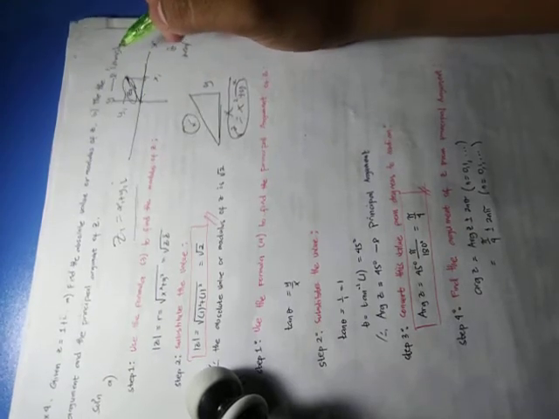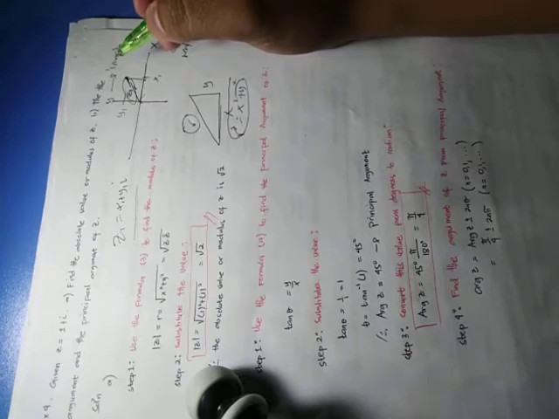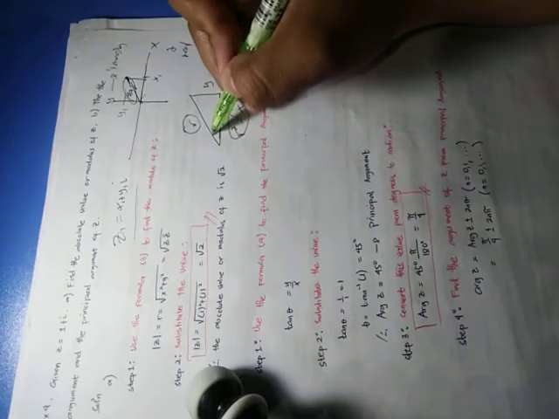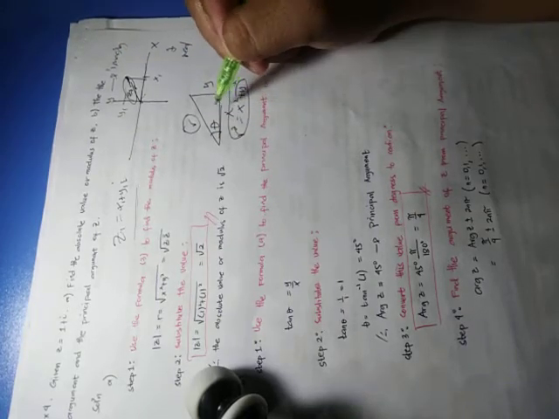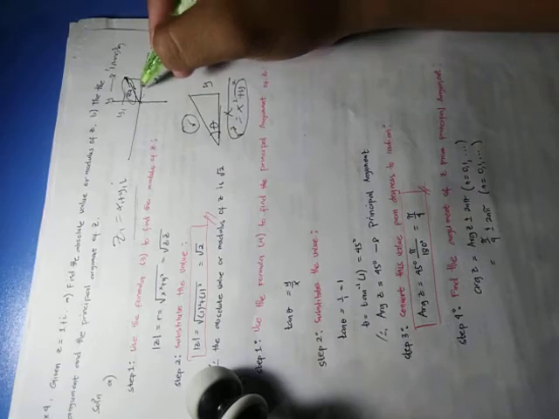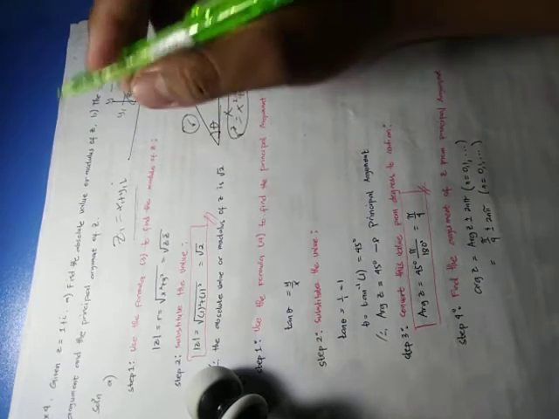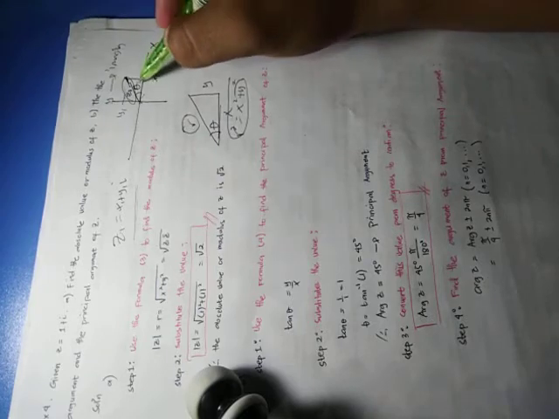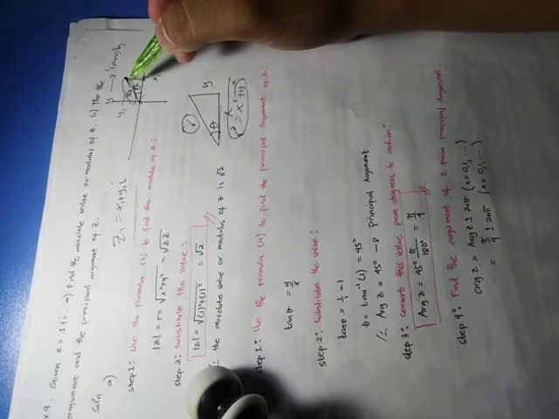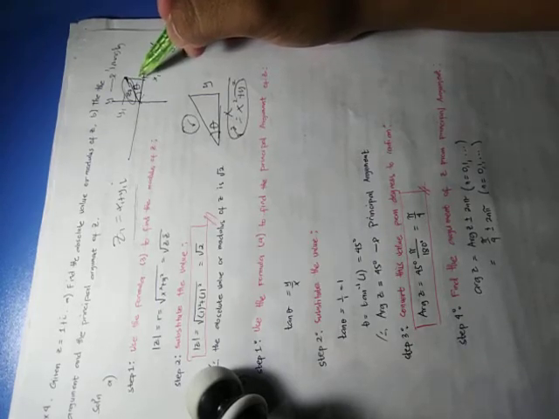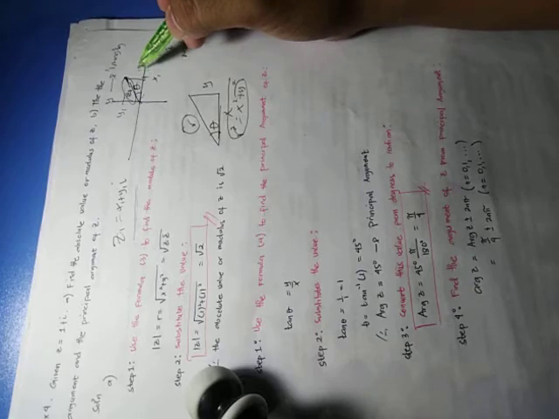And for theta, for argument naman, yan yung tinatawag nating angle. Yung theta dito is yung tinatawag nating argument, and we can find this theta by using trigonometry, or yung cosine, sine, and tangent.